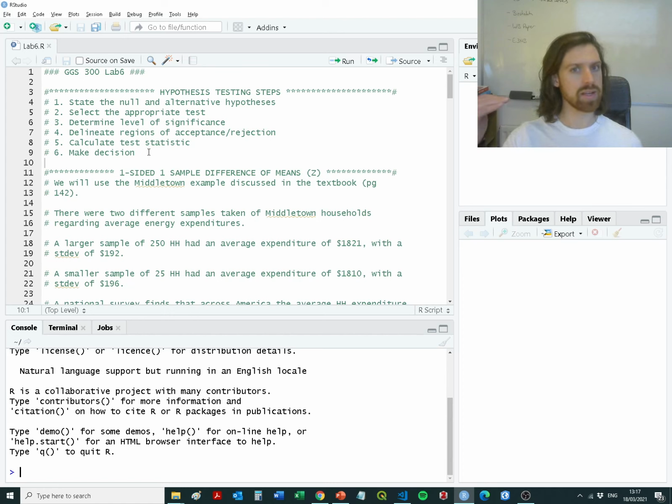So essentially those 6 steps that I need you to learn, please, which essentially dictate how you actually formally test a particular hypothesis which maybe you've posited for your research dissertation or some other form of research work that you're carrying out.